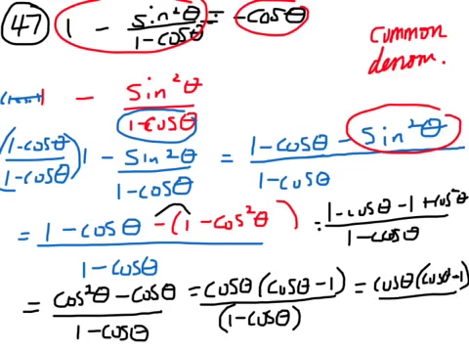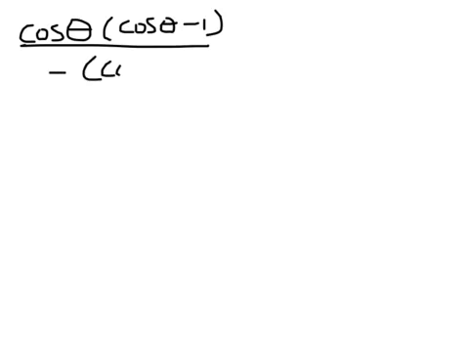I could factor out a negative, and that would be negative 1 plus cosine theta, which would be cosine theta times cosine theta minus 1, over minus cosine theta minus 1.